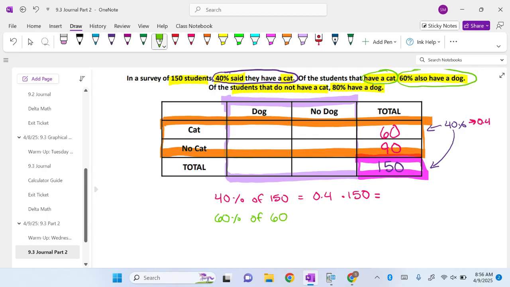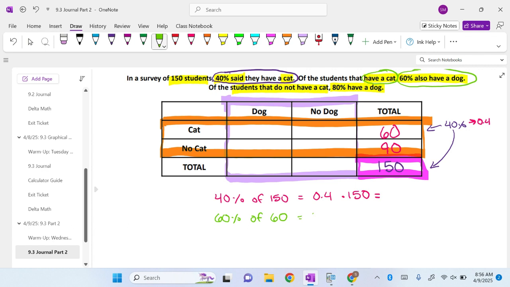Why are we taking 60% of 60 and not 150? What did the problem say? Right, of the ones that have a cat. So in other words, if they have a cat, they also have a dog, 60%.